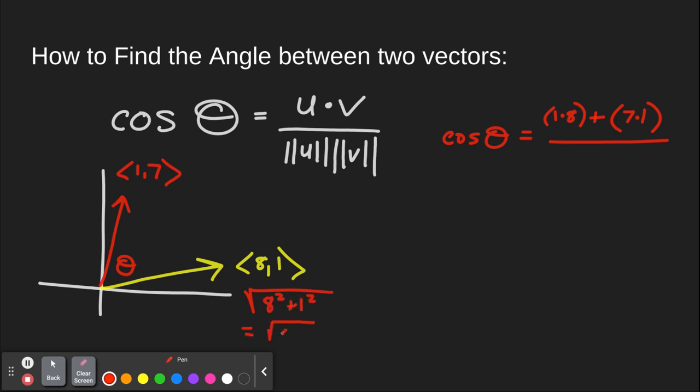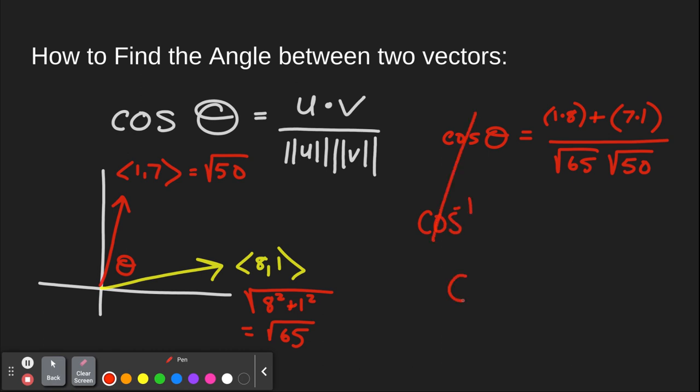So that's the square root of 65. And the magnitude of this one is the square root of 1 squared plus 7 squared, square root of 50. So we'll just write that on the bottom. Radical 50.